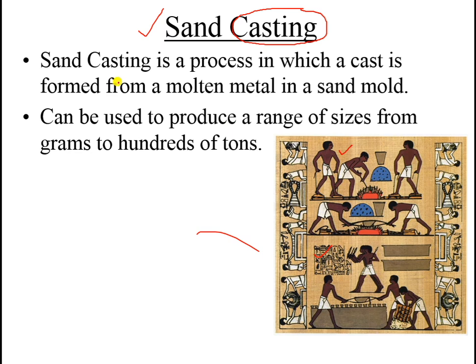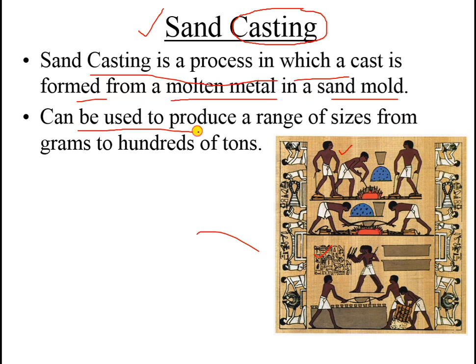Sand casting is the process in which a cast is formed with the help of molten metal in a sand mold. The metal is melted with the help of a huge amount of heat obtained from a furnace.